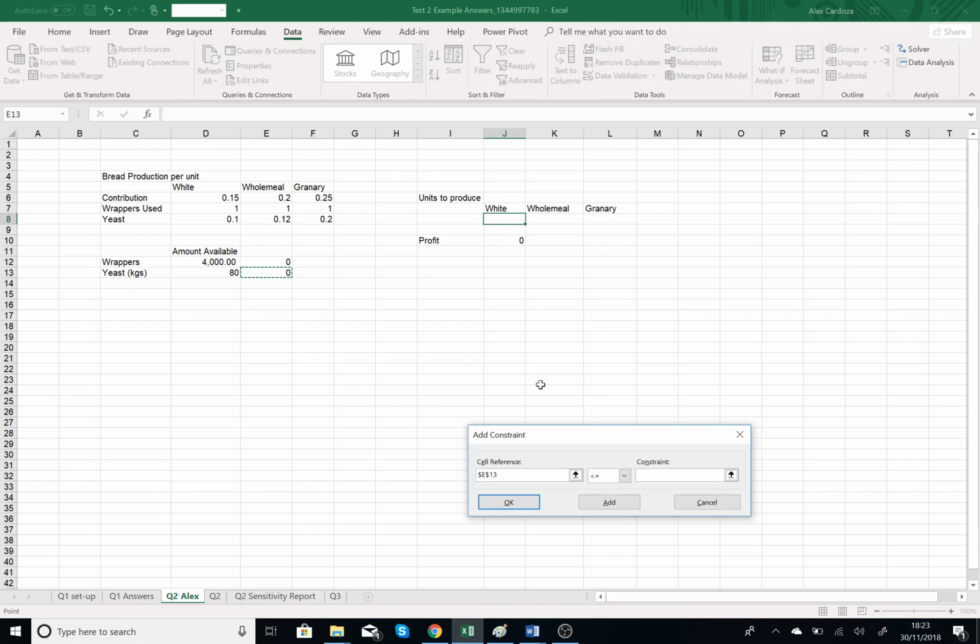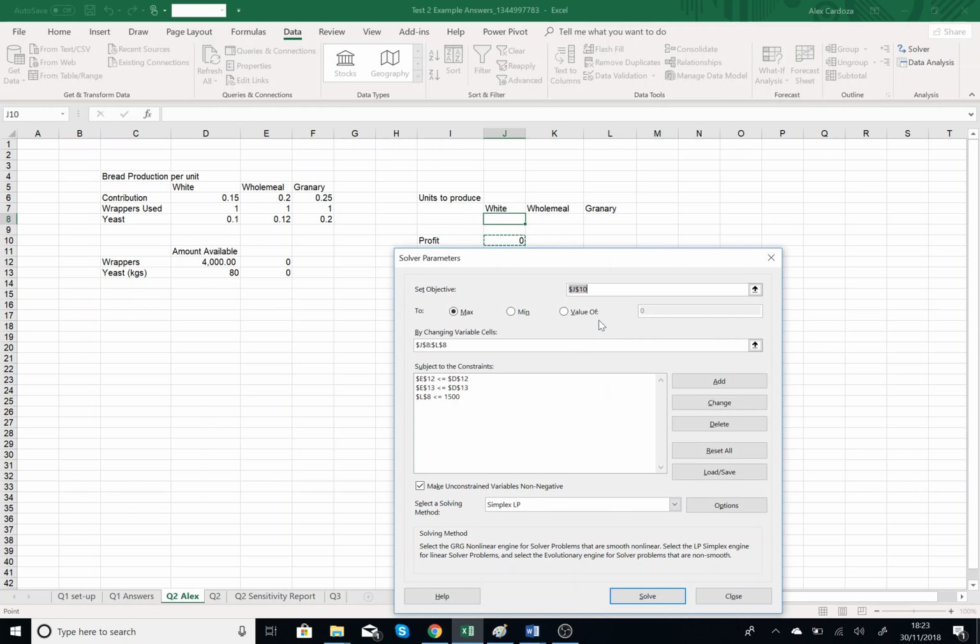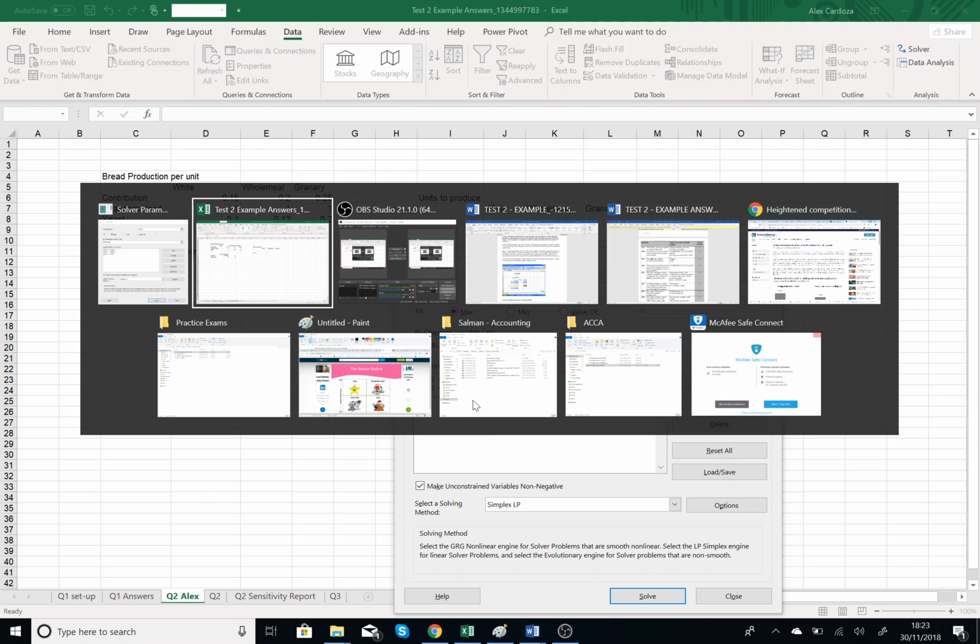This cell has to be less than and equal to that cell. Okay. And this cannot produce more than 1500 of. Okay, and that should be all our constraints, I believe.